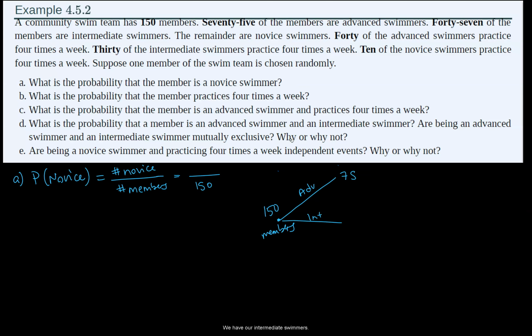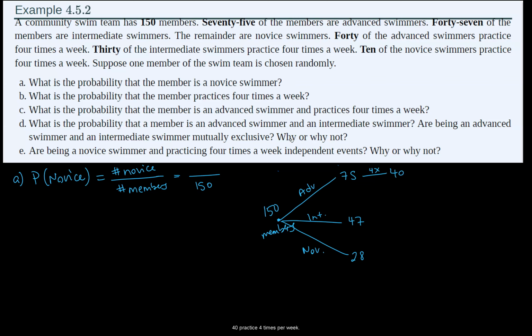We have our intermediate swimmers. 47 are intermediate. And our novice swimmers are the remainder. If 75 are advanced and 47 are intermediate, we need to subtract those from 150 to find out that 28 are novice swimmers.